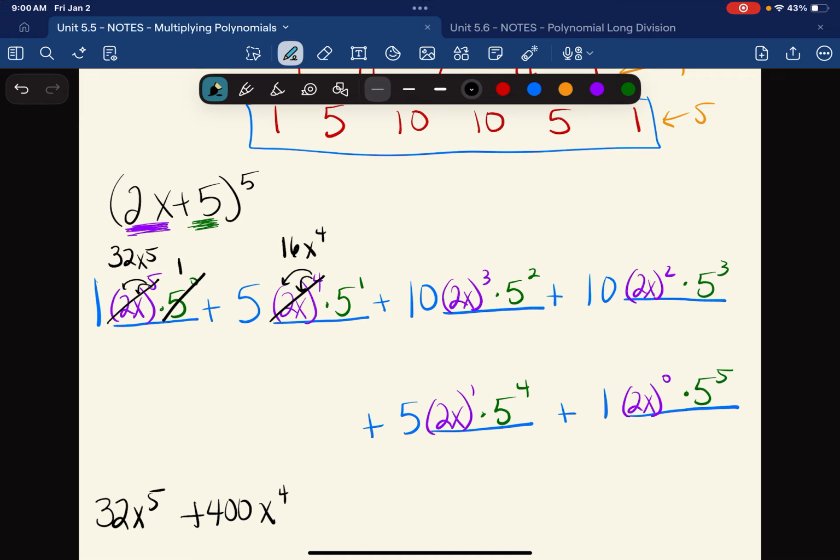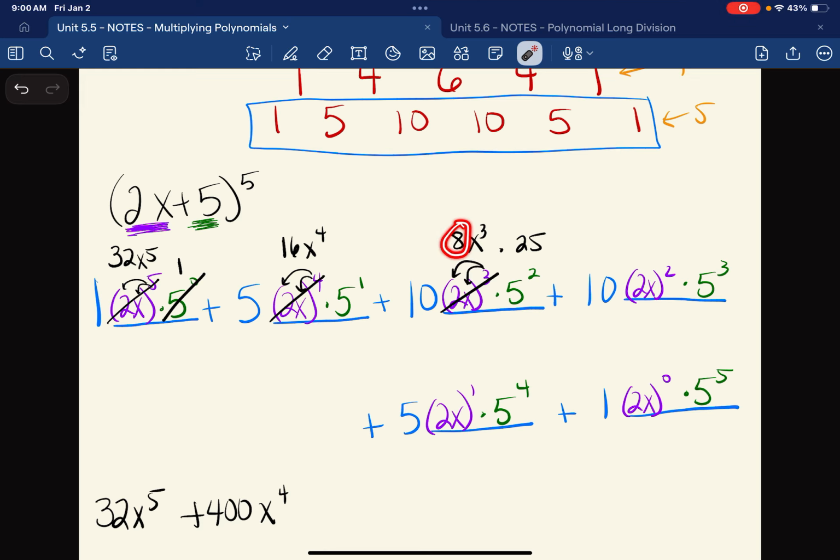All right, let's go to the next one. I have this 2x to the third power. 2 times 2 is 4, times 2 again is 8. So this is 8x cubed, right? And then 5 squared is times 25. All right, so let's multiply. 8 times 25.